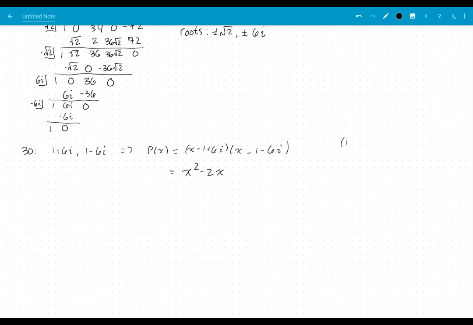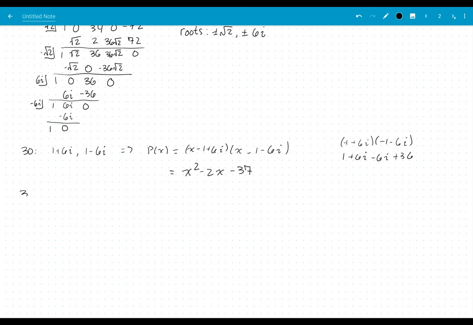So we have negative 1 plus 6i times negative 1 minus 6i. That's 1 plus 6i minus 6i, and then minus 36i squared, right? Plus 36. So we get x squared minus 2x plus 37. All right. That's that. And so this is our polynomial function.